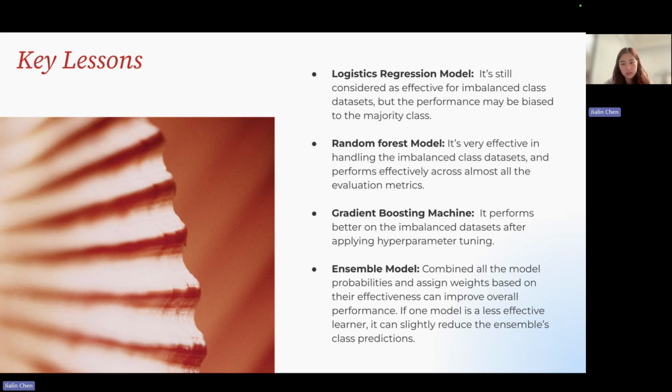The gradient boosting machine performed better on imbalanced datasets after the hyperparameter tuning. And lastly, for the ensemble model, I realized that although combining all the model probabilities and assigning weights based on their effectiveness can improve overall performance, if there is a weak model, it would slightly decrease the prediction accuracy.